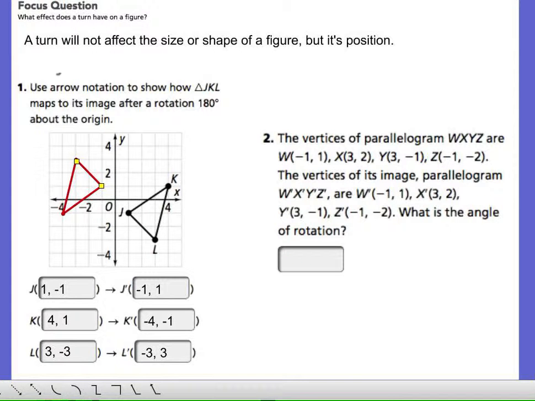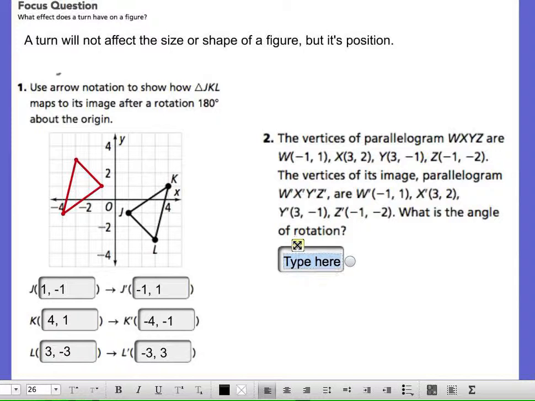What's the angle of rotation? Well, as we look at these series of points from the original to the primes, we see that the numbers have not changed. They're the exact same numbers. The only way that could happen is if we rotate it all the way around the coordinate grid. Rotation all the way around is 360 degrees.